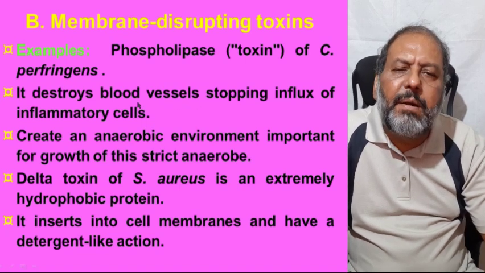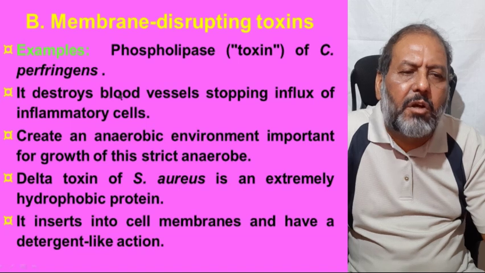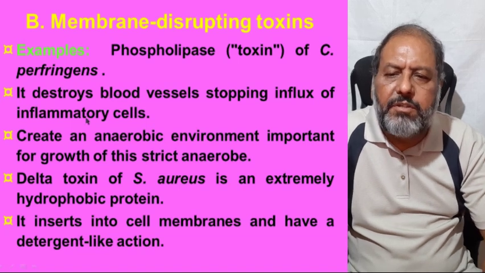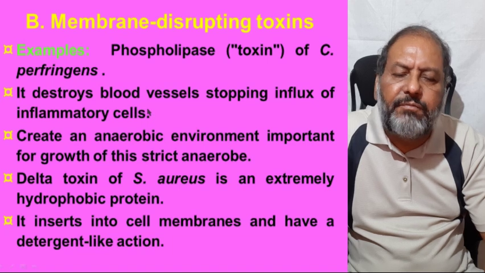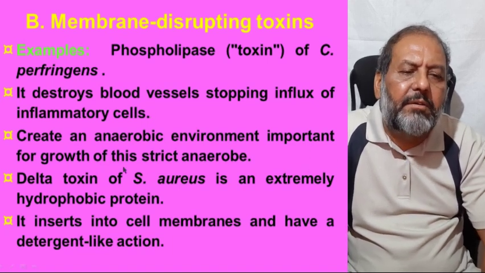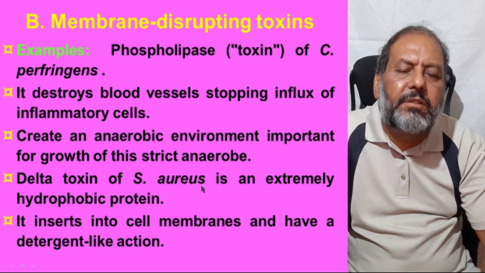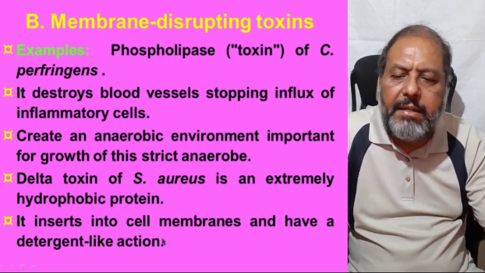And continuing, membrane disrupting toxin examples are the phospholipase toxin of Clostridium perfringens. It destroys the blood vessel, stopping the influx of inflammatory cells, and creates an anaerobic environment important for the growth of this strict anaerobe. So it favors the growth of this anaerobe.